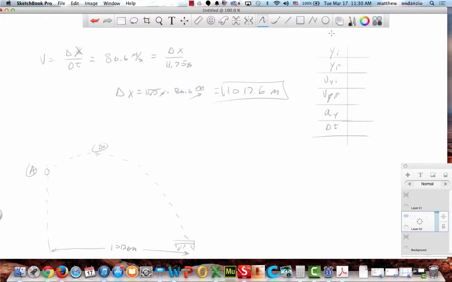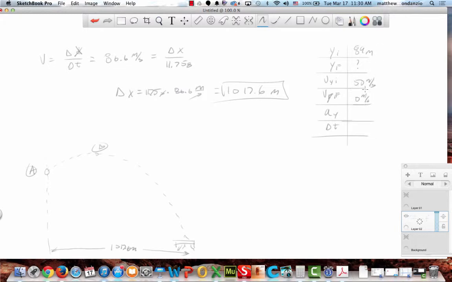In this case, because I'm going from A to B, I have some different information, don't I? My initial and final have changed from my prior scenario. So what's my initial y? 89 meters. What's my y final? That's what we're looking for. What's my vy initial? 15 meters per second. What's my vy final? 0.